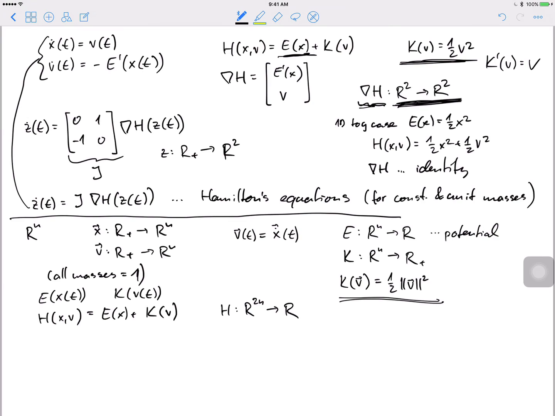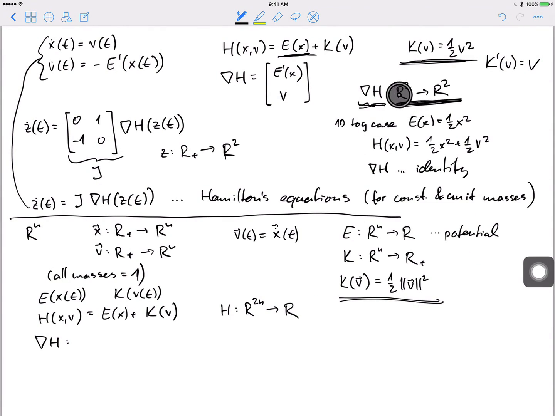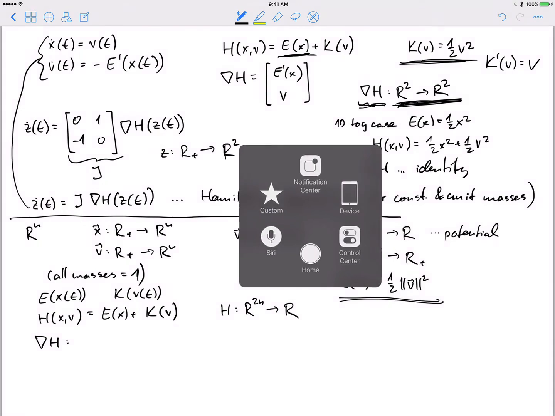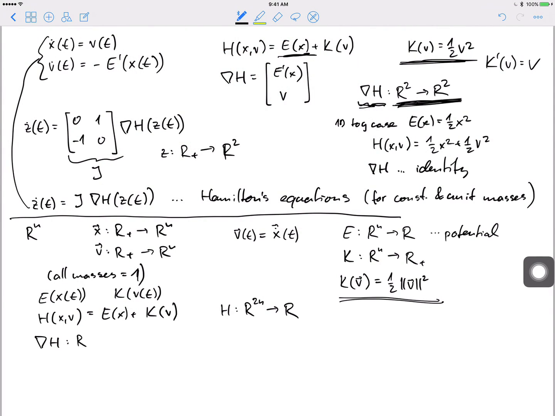Now the gradient of the Hamiltonian is still a reasonably defined operator. Instead of being from R2 to R2, it's now going to be what? R2n to R2n, exactly.